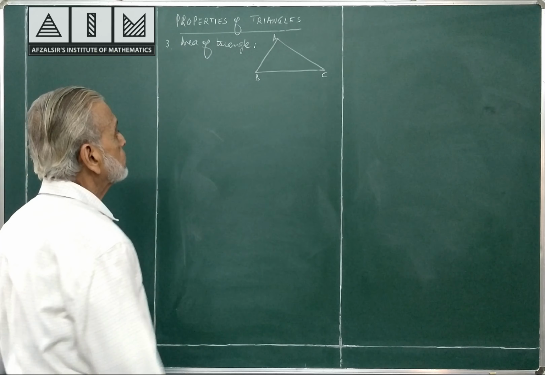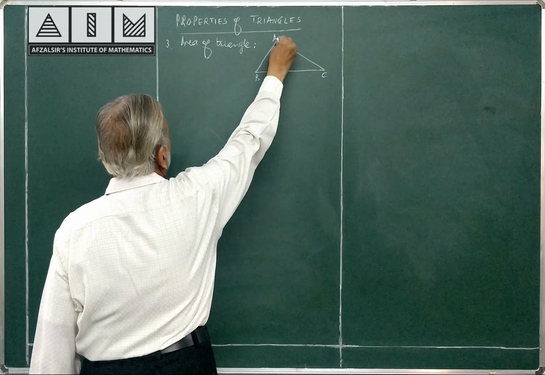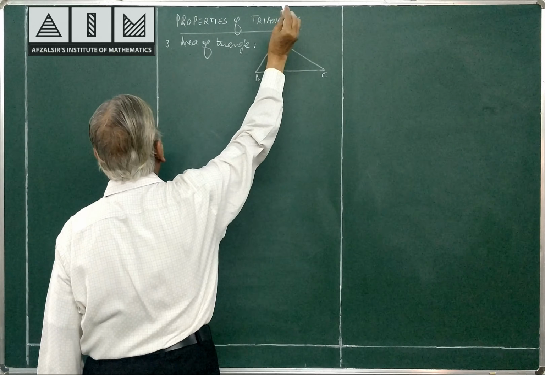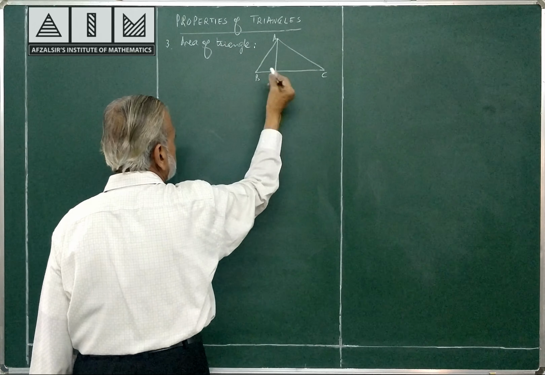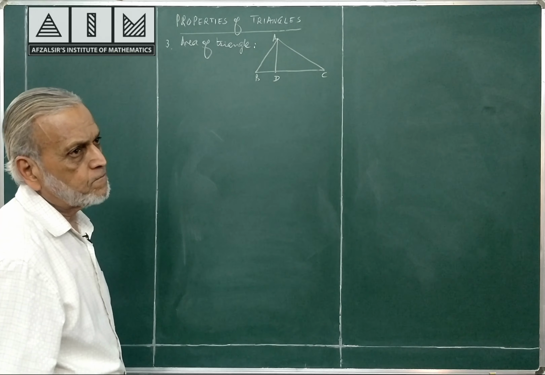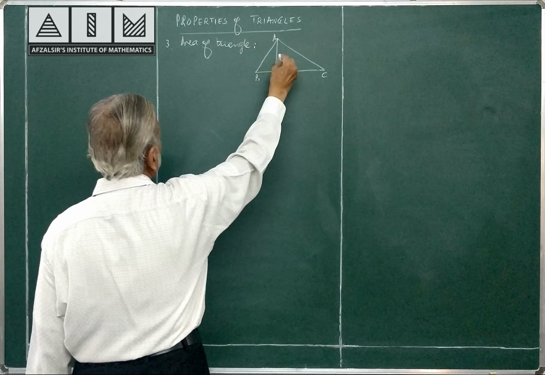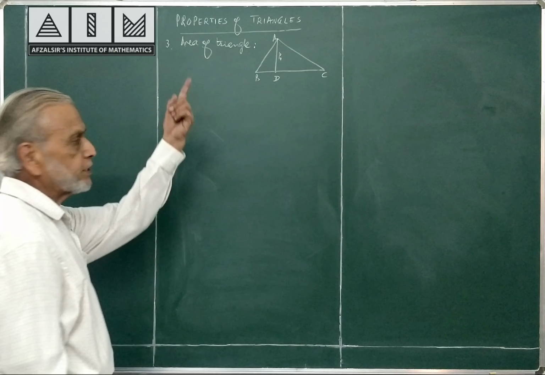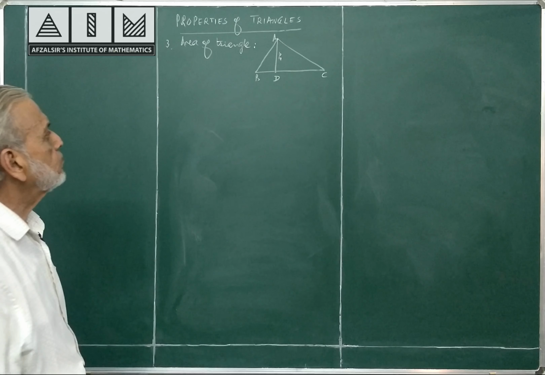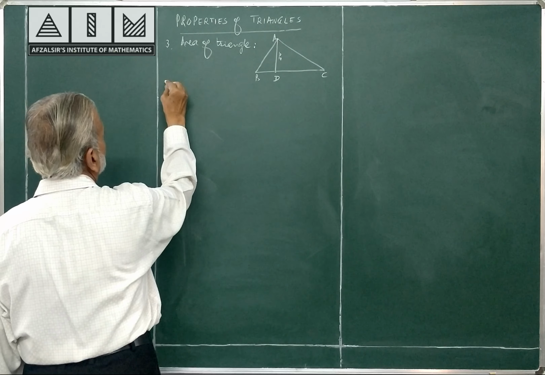See carefully. This is altitude. It is denoted by P1. First altitude is denoted by P1. So, area of triangle.